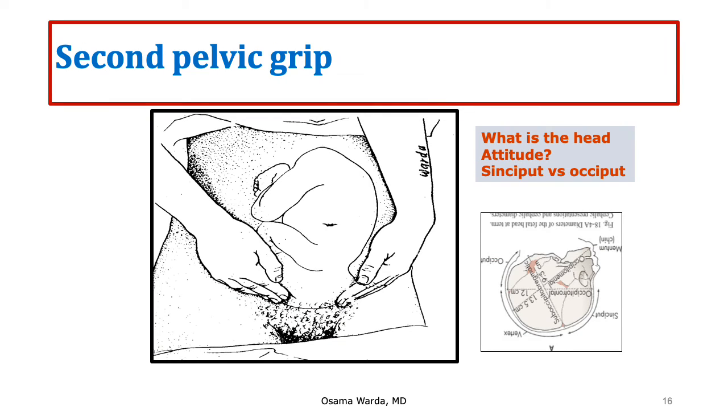Finally, the last pelvic grip, which is the second pelvic grip. We should know that the second pelvic grip is only done in cephalic presentations. The aim of this grip is to determine whether the head is flexed, extended, or midway between extension and flexion.